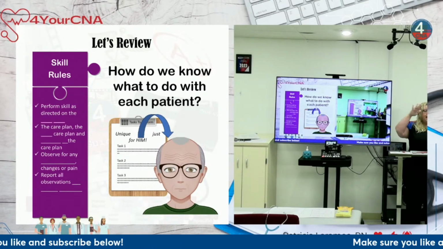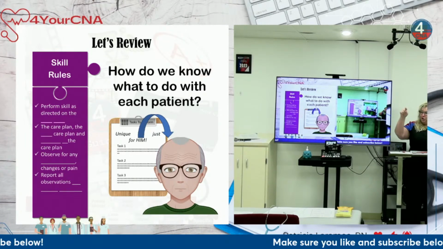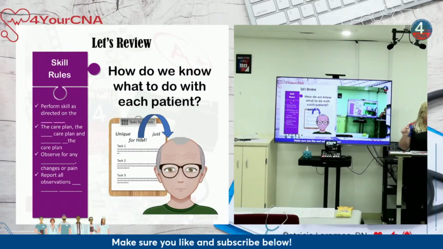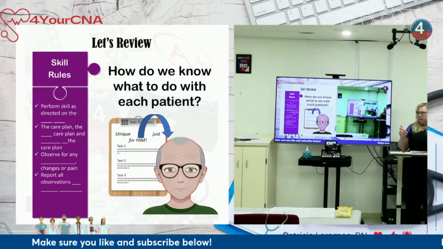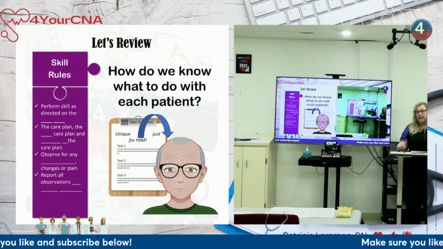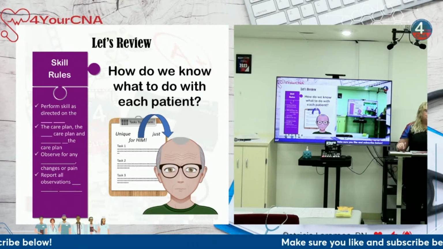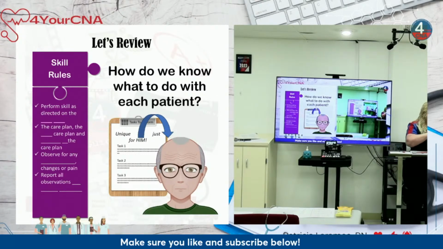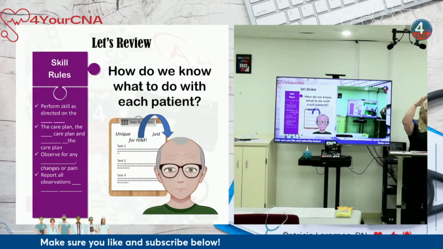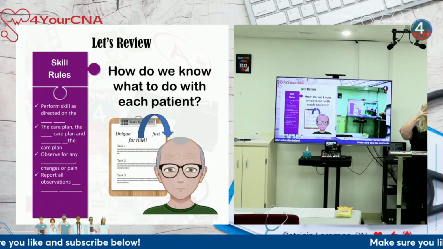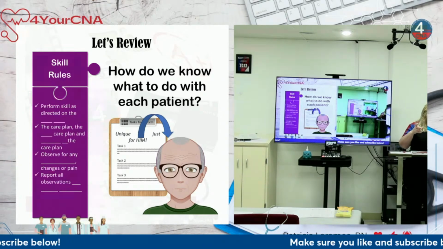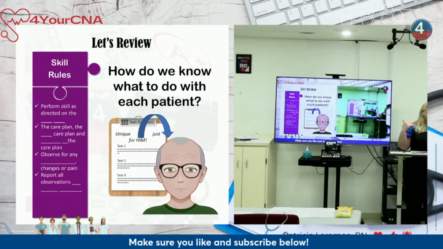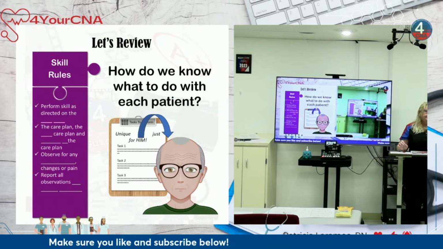I also have a supply activity where you have to choose the right supplies off of the supply shelf. So you actually click on the things that you need. And if you click on something you don't need, it tells you, no, you don't need that for this. So it's a way of making sure that you understand the steps and the supplies. But I also have interactive lessons in there about the skill itself. So that online course will help you tremendously when it comes to preparing for the state exam.